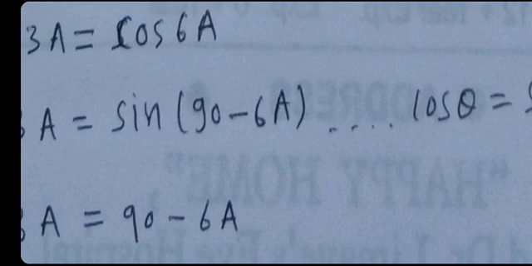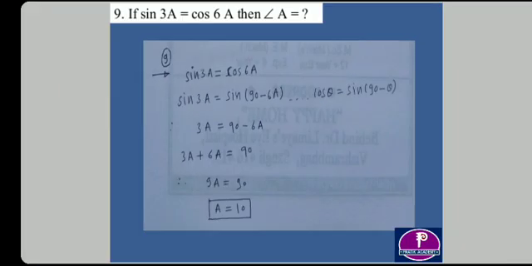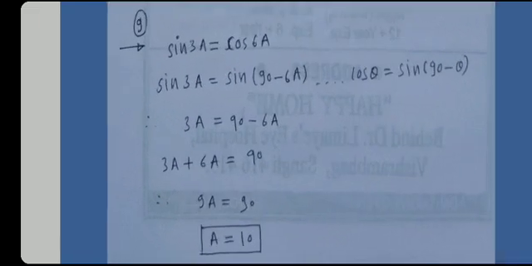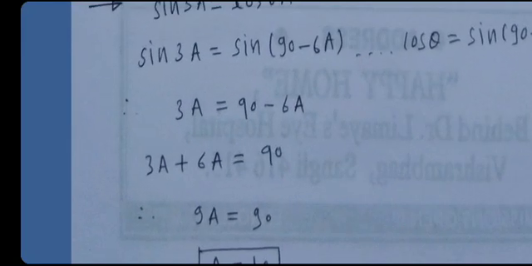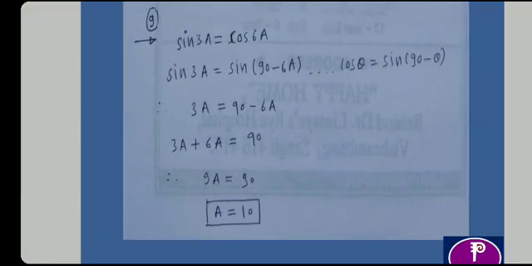For converting cos into sin, we can convert cos 6A as sin (90 minus 6A). So sin 3A is equal to sin (90 minus 6A). Then comparing on both sides, we get 3A is equal to 90 minus 6A. Therefore 3A plus 6A is equal to 90. So A becomes 10 finally.